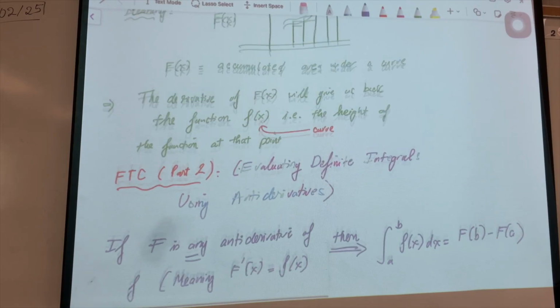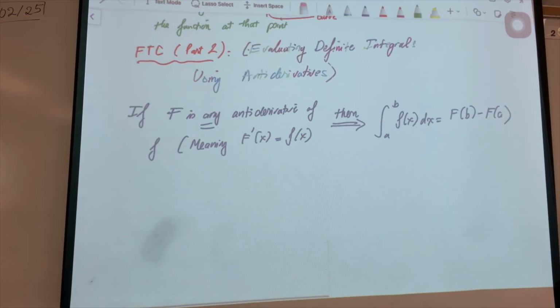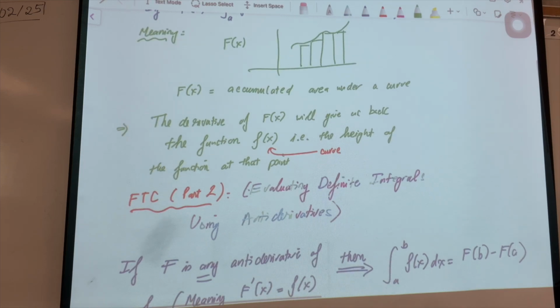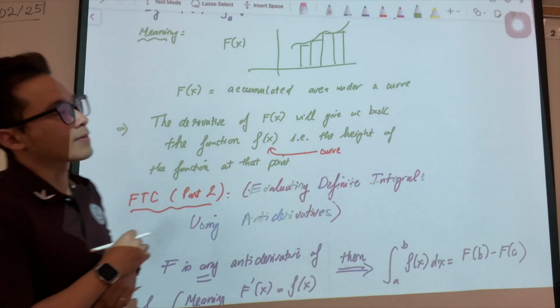So the meaning. Okay, let's also do the meaning. The meaning is the total. What is the meaning? When you take the derivative, what do you have? Velocity or position.